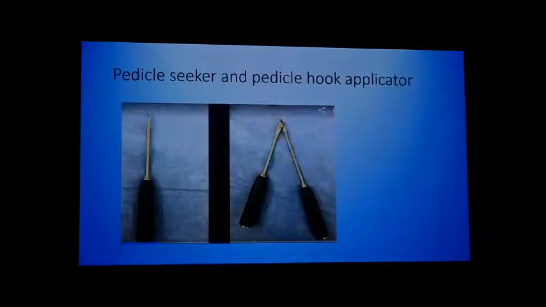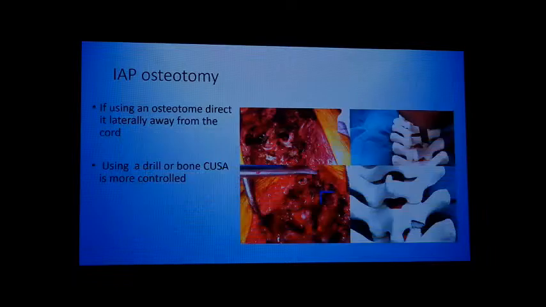To place this, you need a pedicle seeker and a pedicle hook applicator. You can see the pedicle hook applicator has two handles. One is the accessory handle, the handle on which you mallet. This is the handle on which you place the pedicle hook.